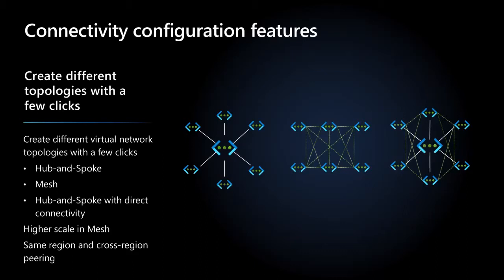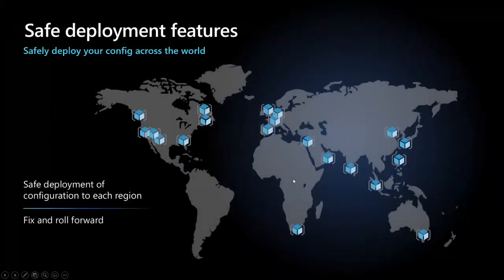Okay, and you can easily create such a topology using Network Manager, which was traditionally very cumbersome to build without Network Manager. So this is the connectivity configuration piece. As I mentioned, after creating a configuration, what you need to do is deploy your configuration to different regions.